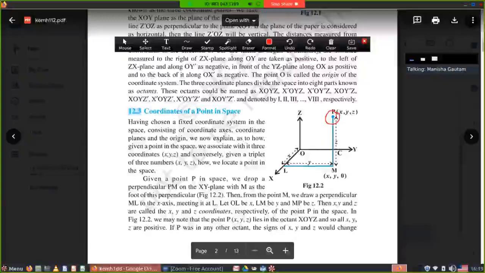Total distances will be x, y, and z. Three distances we have calculated. These are the coordinates of the point P. You can see here it is mentioned OL is x, this is y, and this is z. These are the perpendicular distances from the planes of the point P. So the coordinates are x, y, and z.